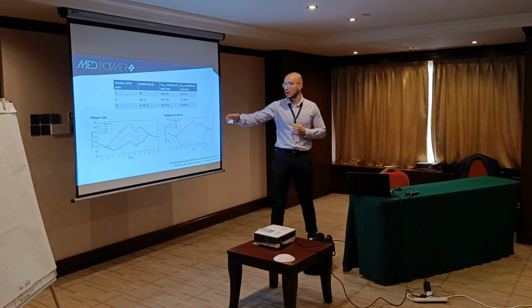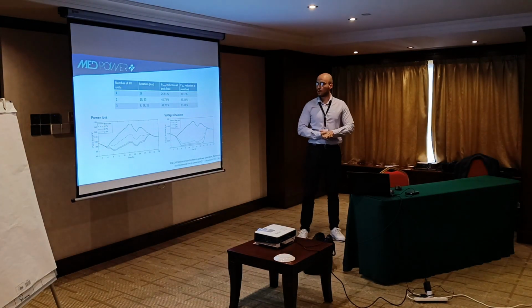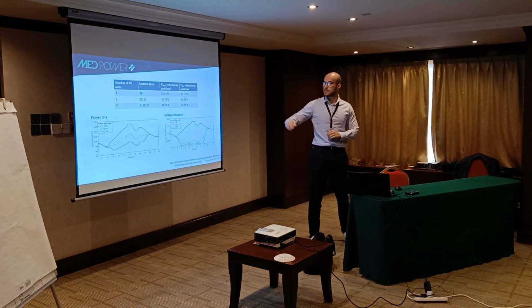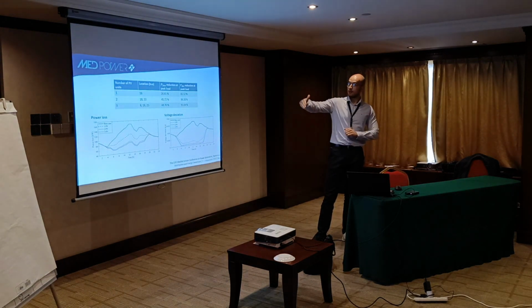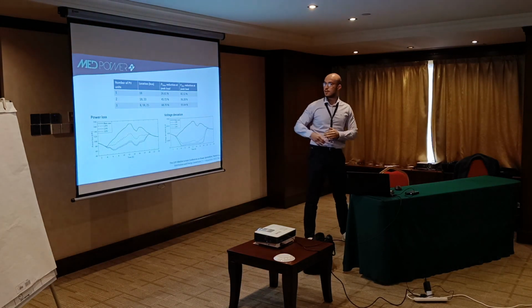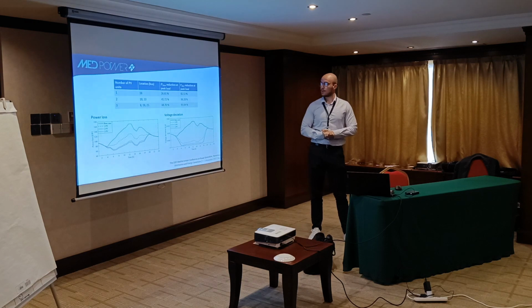Also, there are two diagrams depicting the power loss and voltage deviation changes during the 24-hour period. You can see that not only during the peak load demand, which happens around 12 or 1 o'clock, but during the whole production of these optimally allocated PV units, there is power loss reduction and voltage deviation reduction.